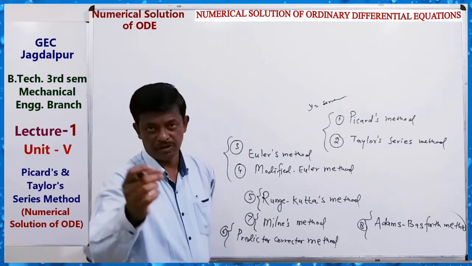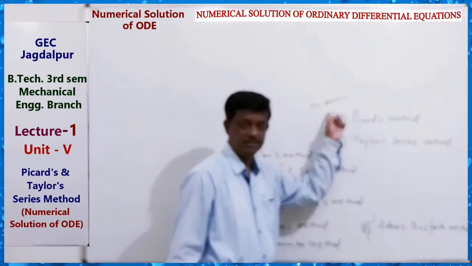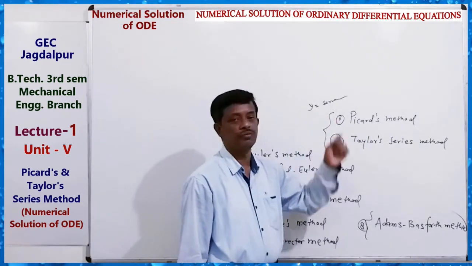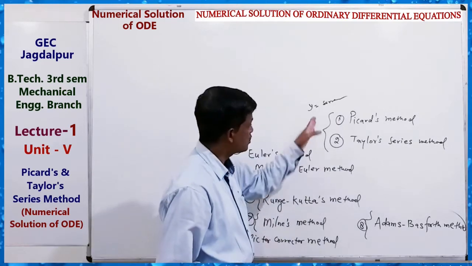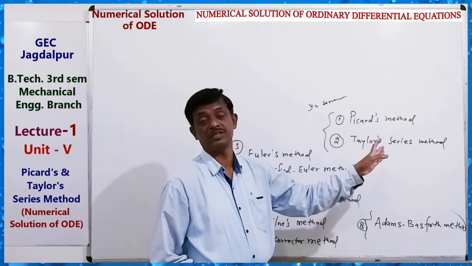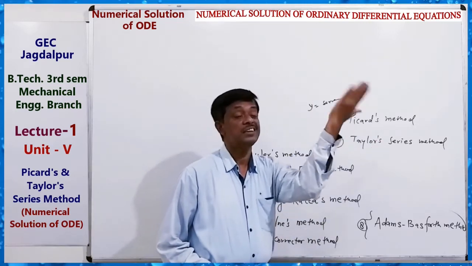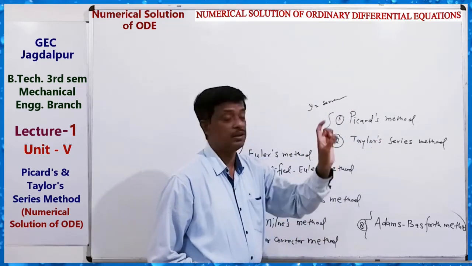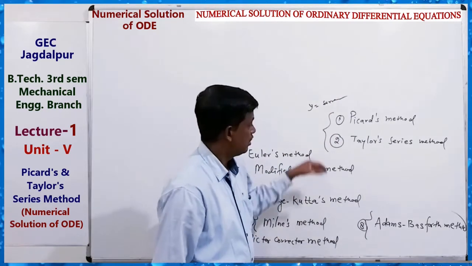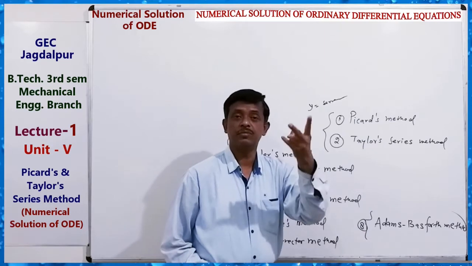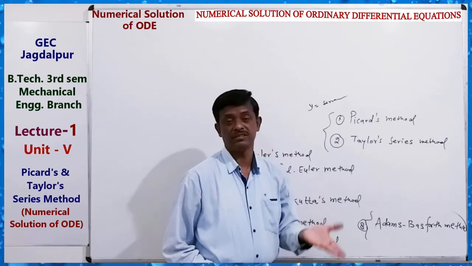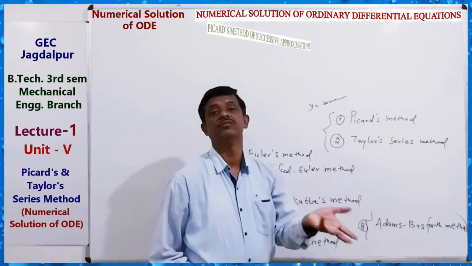And after finding the series, for a particular value of x, we can get the value of y. But here also we will get first approximation, second approximation, third approximation, and at each approximation we will get the value of y for a particular value of x. Okay, and if two consecutive approximations give nearly the same value, then we can say that is the final value.